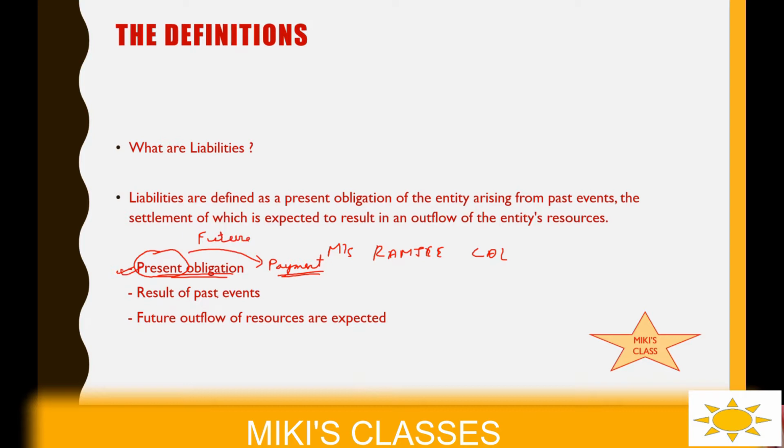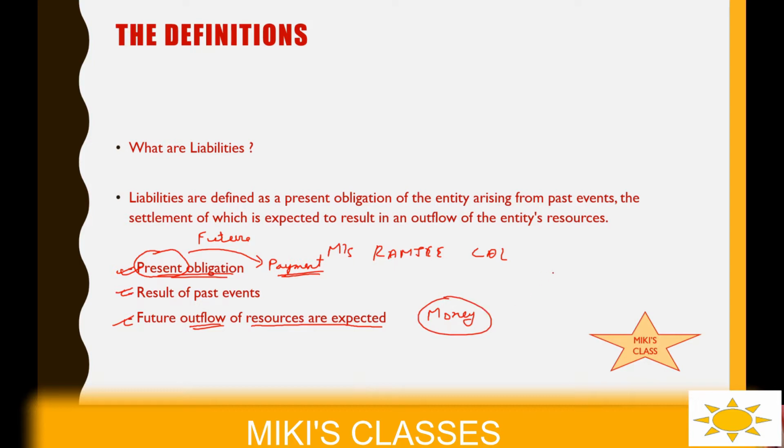As a result of past events, what is the past event? The purchasing of the plant and machinery, because of which we have to make the payment to Ramji Lal. Future outflow of resources are expected. We are always thinking from our business's point of view. Because of this, is there any outflow which is expected? Yes. What is the outflow expected? Money.